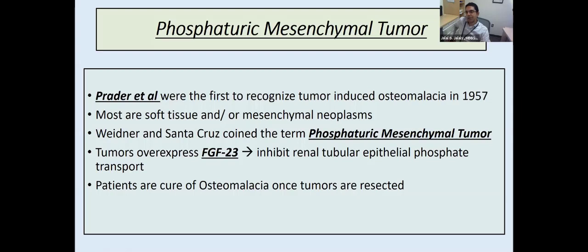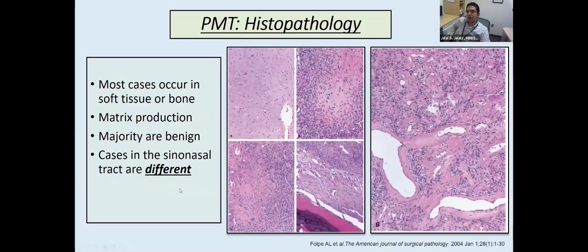Usually, these tumors can be cured if resected, and they're usually benign, but there are phosphaturic mesenchymal tumors in the literature that were described as malignant, though that's usually a rare finding. And once these tumors are resected, usually the patient's bone status and osteomalacia go away and the patient is cured.